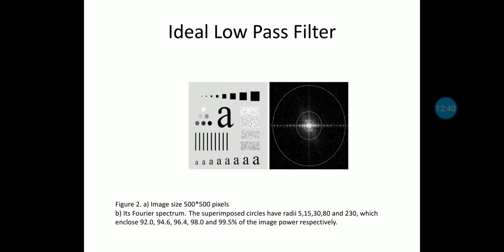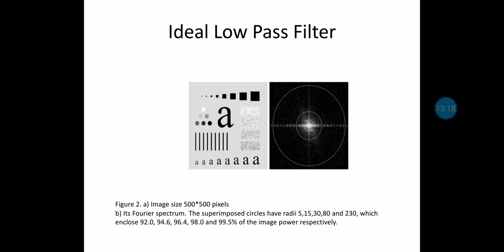In the figure, the image size is almost 500 by 500 pixels, and its Fourier spectrum is represented. What we are able to see is superimposed circles with different radii, almost 5, 15, 30, 80 and 230.